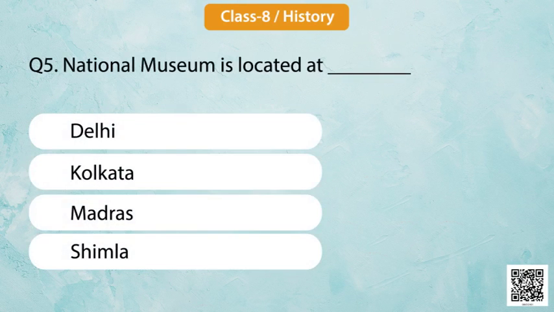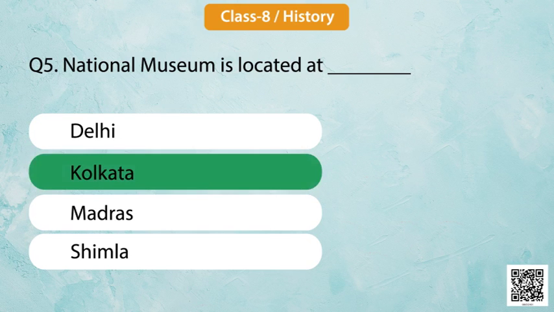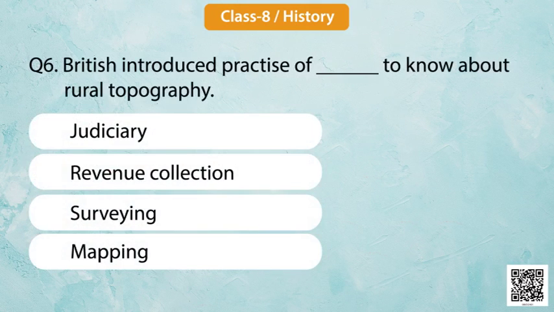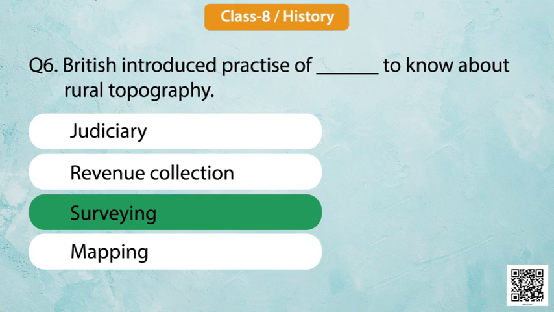The National Museum is located in Delhi, Kolkata, Madras, or Shimla. The National Museum is located in Kolkata. The British introduced the practice of what to know about rural topography: judiciary, revenue collection, surveying, or mapping? And the correct answer is surveying. The British introduced the practice of surveying to know about rural topography.